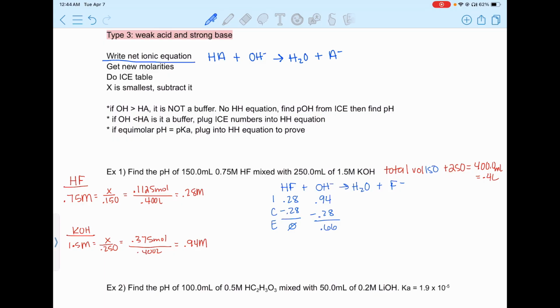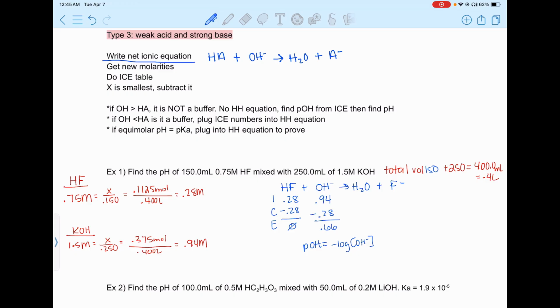Right? Now, what have I just found? I've just found an OH negative concentration. So remember, pOH is the negative log of the OH negative concentration. So I can take that value now and use that in order to find our pH value. Now, here's the trick.